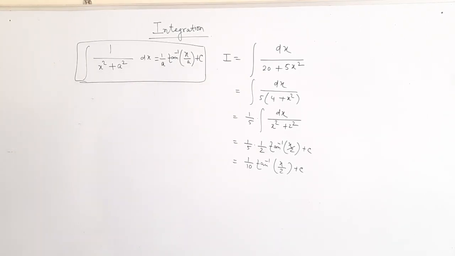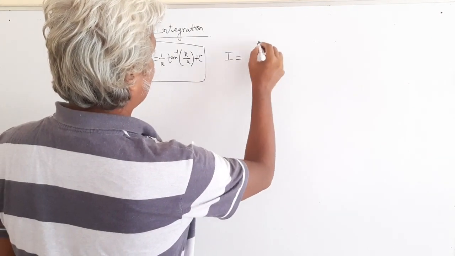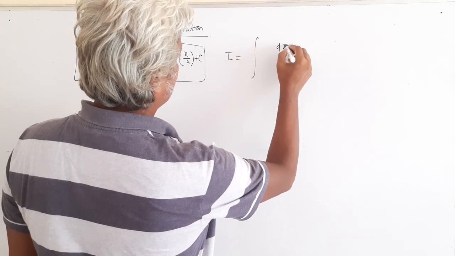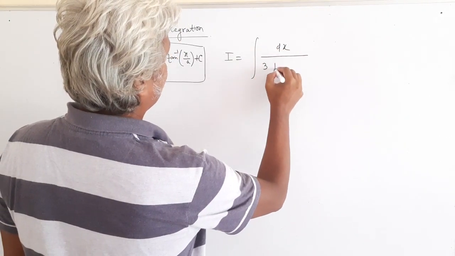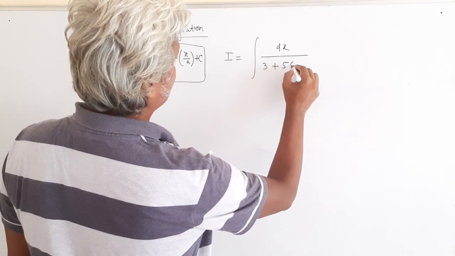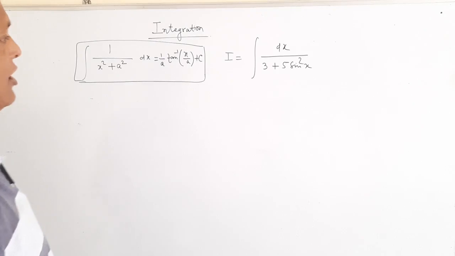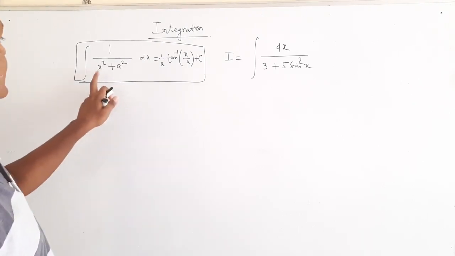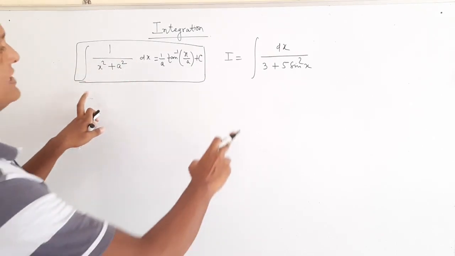Now I'll take another example. Here I have a question: I is the integral of dx over 3 plus 5 sine square x dx. Now this one has x square, fine, but now you have to compare these two.